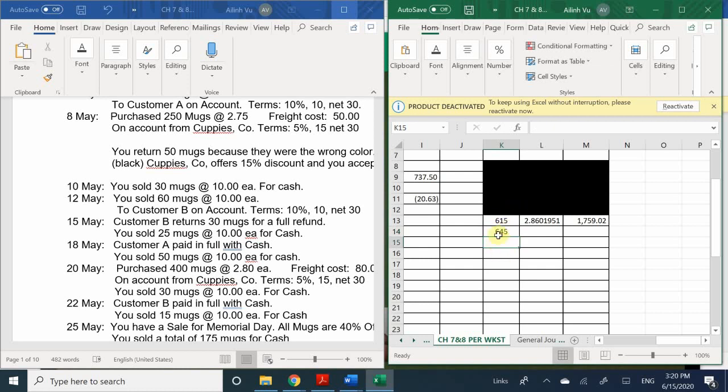Okay, so now I have 645. Here, I'm going to add 1759.02 and I'm going to add $85.81.